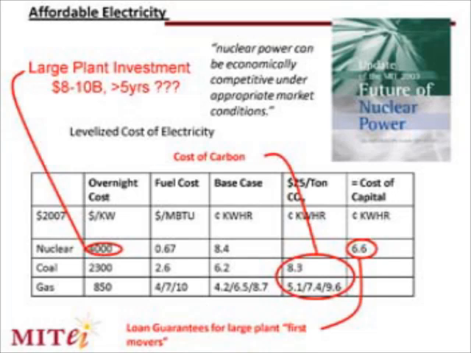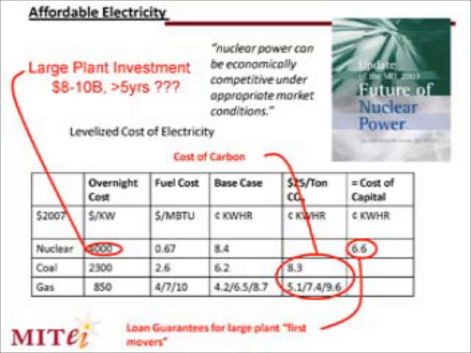Anyway, this is a table from our 2009 report looking at levelized costs for new build nuclear, coal, and gas. The only thing I want to say here is that the base case shows that nuclear is on the high side, but there are two factors that could dramatically influence that.